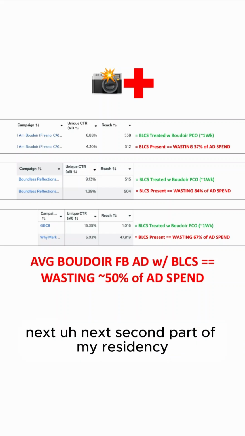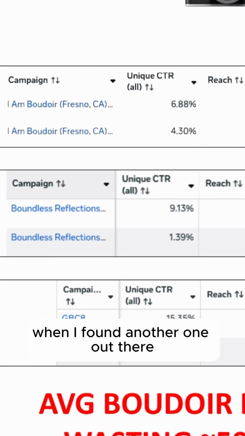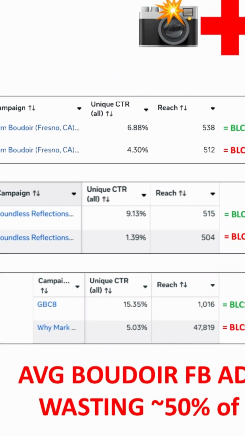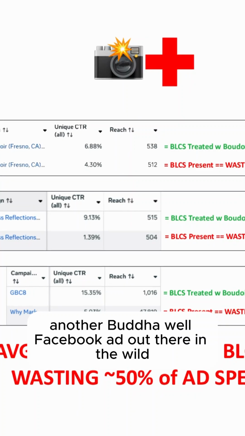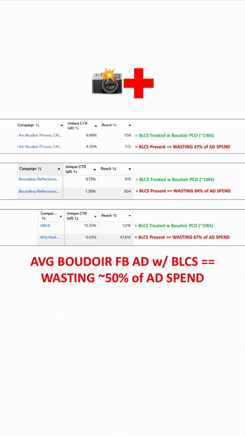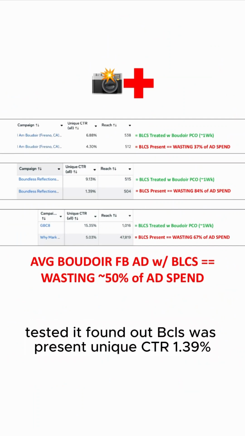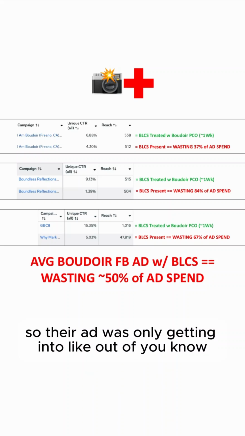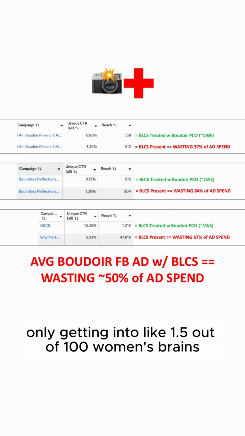Next, second part of my residency, I found another Boudoir Facebook ad out there in the wild, brought it back to the hospital, ran it, tested it, and found out BLCS was present, with a unique CTR of 1.39%. So their ad was only getting into like 1.5 out of 100 women's brains.